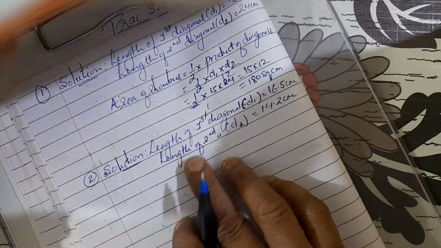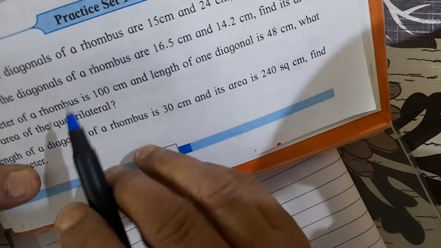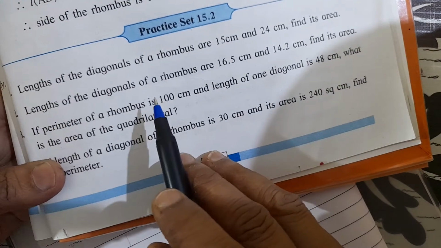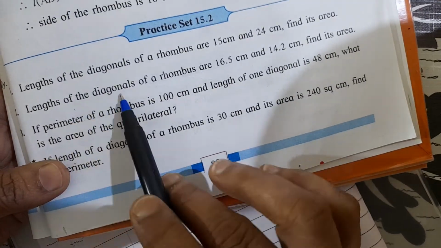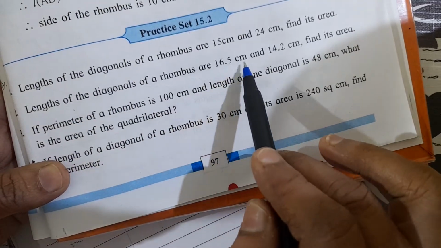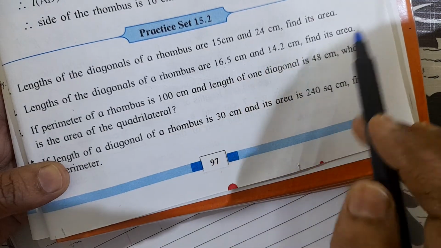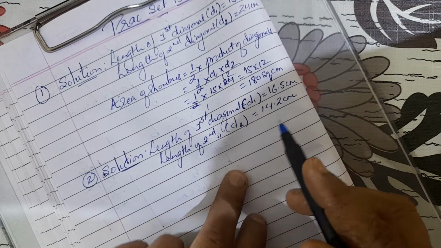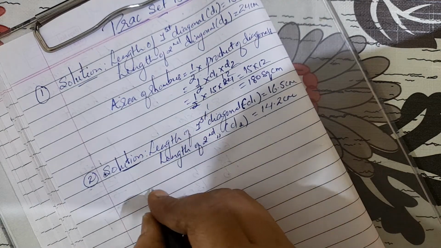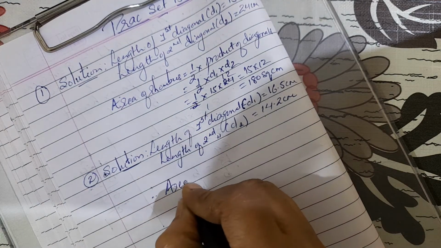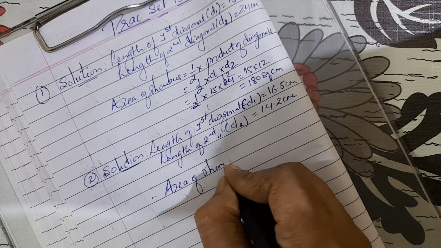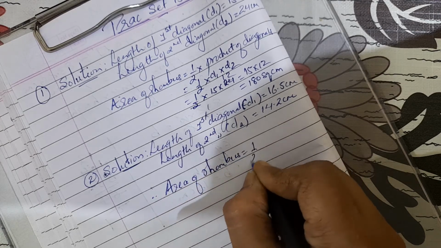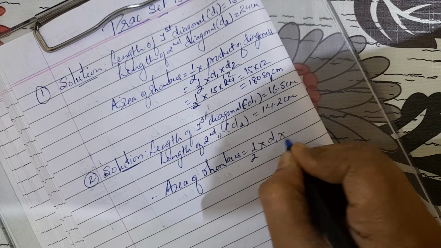Now let's start with the second question. The second question is also similar. The lengths of the diagonals of a rhombus are 16.5 centimeter and 14.2 centimeter. Find its area. So your D1 is 16.5 centimeter, D2 is 14.2 centimeter. Write the formula: area of a rhombus is half into the product of diagonals, that is D1 into D2.